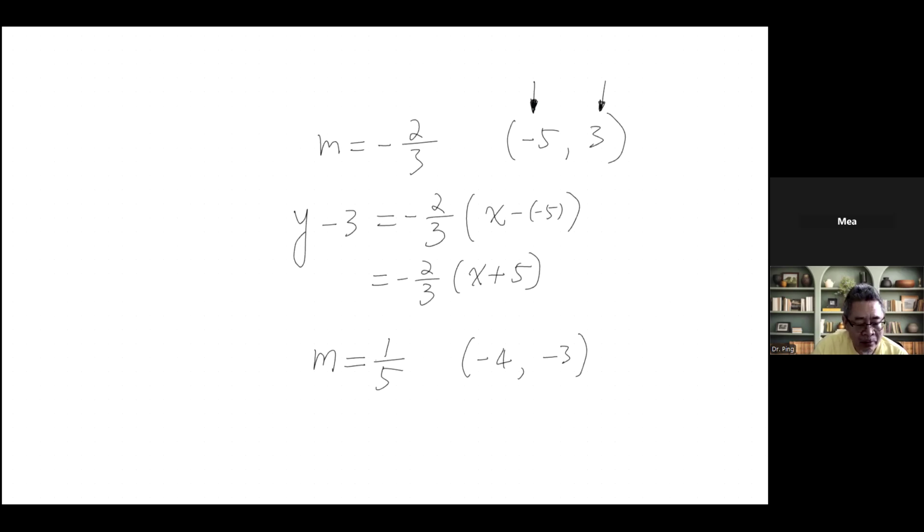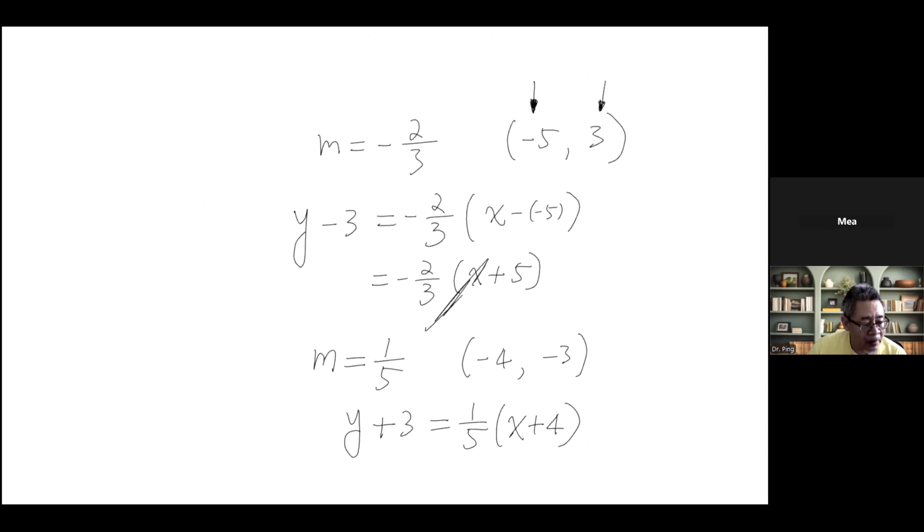Okay, very good. So we just write, because y minus -3 will be y plus 3. So it becomes y plus 3 equals 1/5 times x plus 4. Good? Very good.